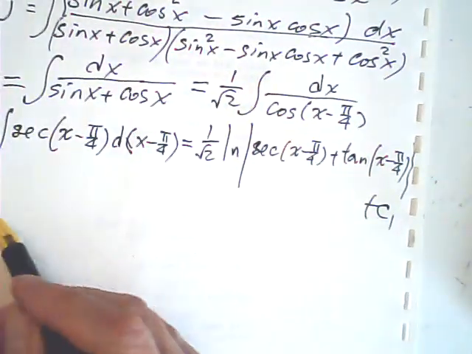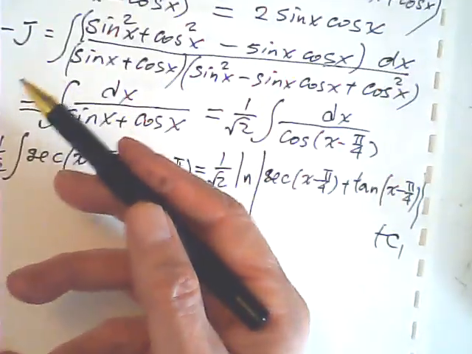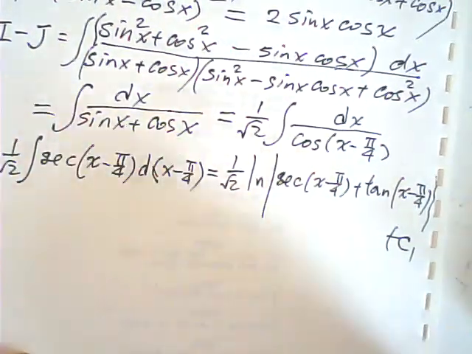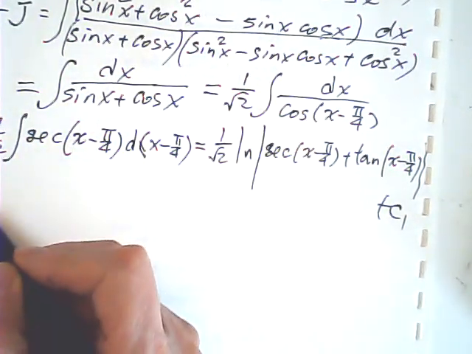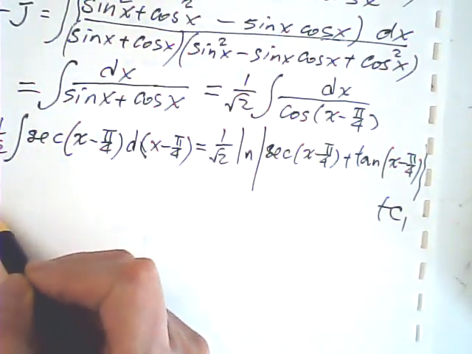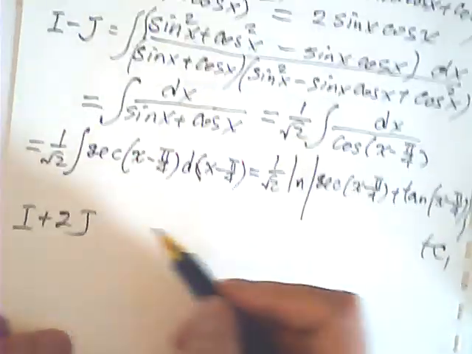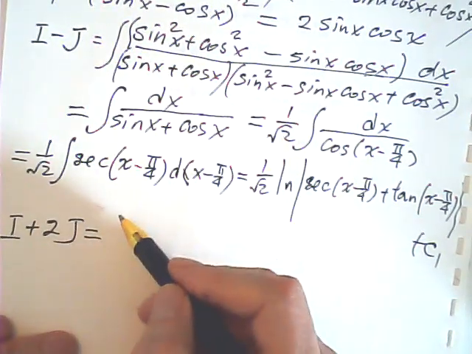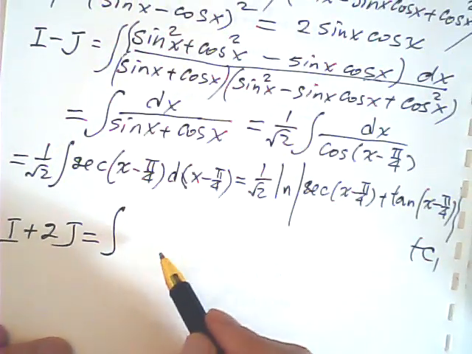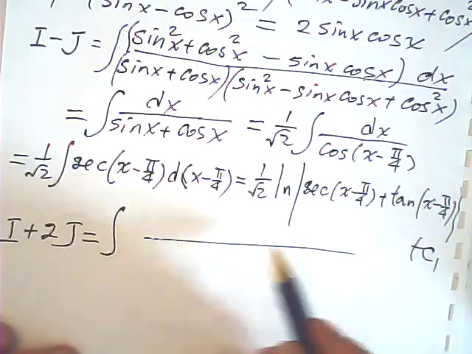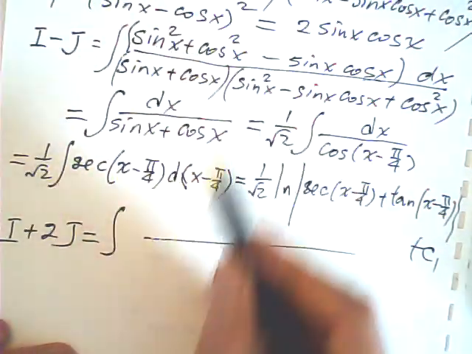Okay, good. Now then, I need another equation to solve for I and J, right? The other equation is this: I plus 2J. This will be integral, and the denominator is this, right?